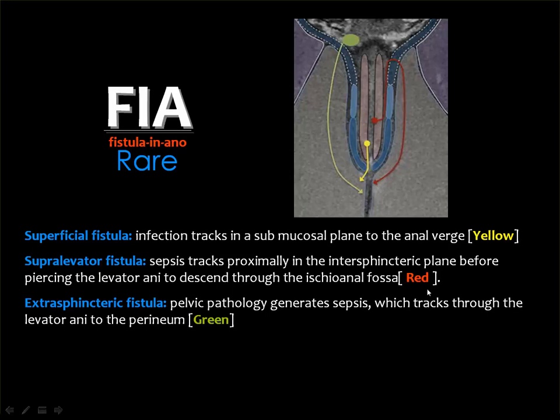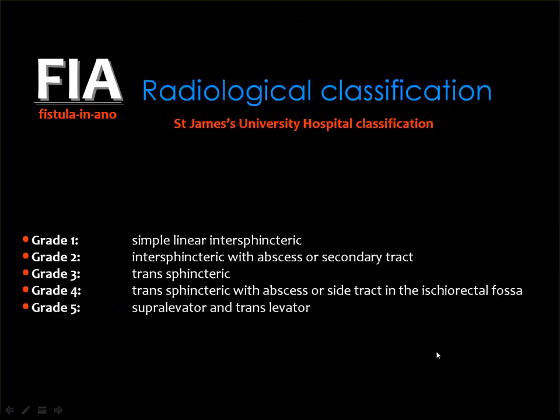The last one is the extrasphincteric fistula, where you have an opening in the skin around the anal opening, and the tract passes through the ischioanal fossa until it crosses the levator ani and connects to the rectum. Then this is the classification or the grading of the fistula.